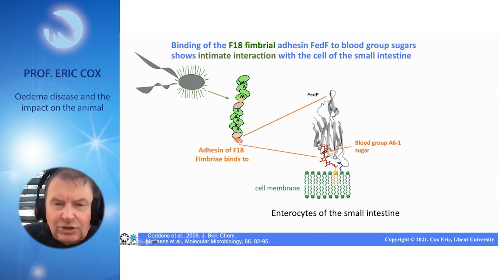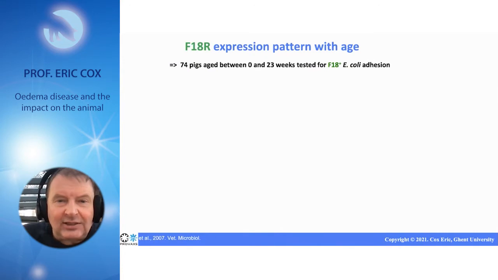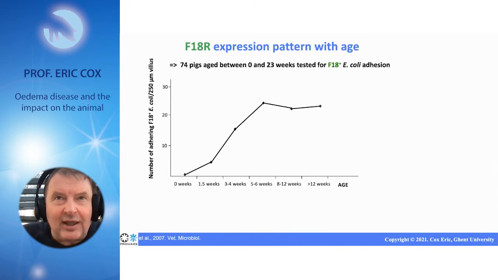And it's not only the sugar that interacts with the mucosa, but the fimbria also has a loop, and this loop is charged, and the charge of this loop interacts with the charge on the cell membrane, and it strengthens, increases the affinity, strengthens the interaction. So it indicates that there is an intimate adhesion needed. And we will come back to that later because it's important for the colonization of F18 in the post-weaning period.